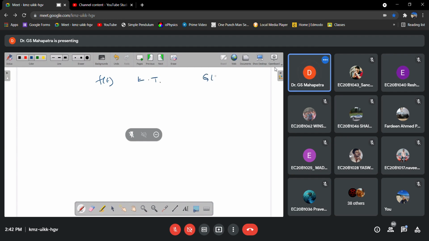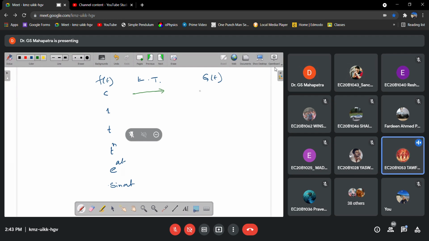The standard ones are a constant c, t to the power n, e to the power at, and sin at. First we will complete this one, then again we will write a few more. So what is the Laplace transform of c? You have already studied.